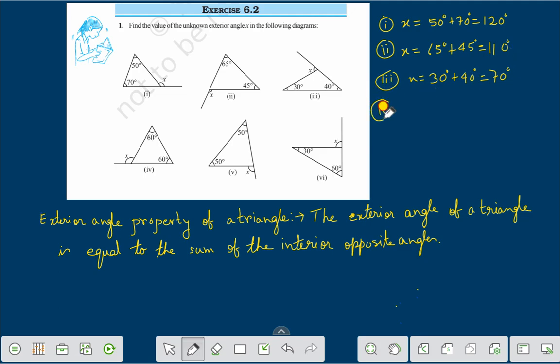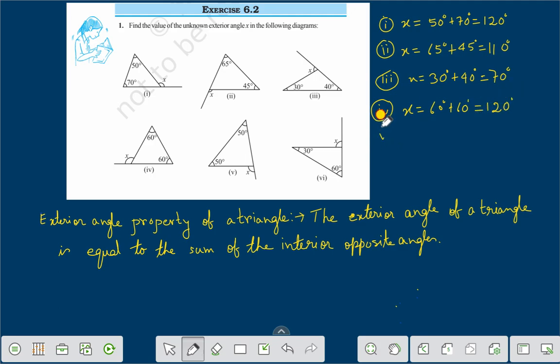Now question number 4. In figure 4 you see that this angle is the exterior angle and this 60 and this 60 are the interior opposite angles. Therefore, x is equal to 60 degree plus 60 degree, that is equal to 120 degree.